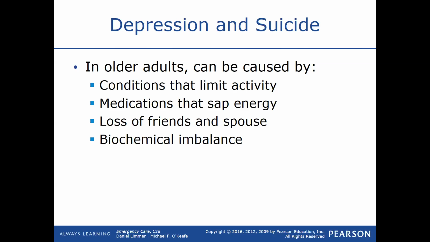Conditions that limit activity: as the body declines, these patients are not able to do as much as they used to, so that's going to affect them mentally and psychologically as well. Medications that sap energy, of course, loss of friends and spouse, whether it's from just arguing or them passing away, biochemical imbalance.